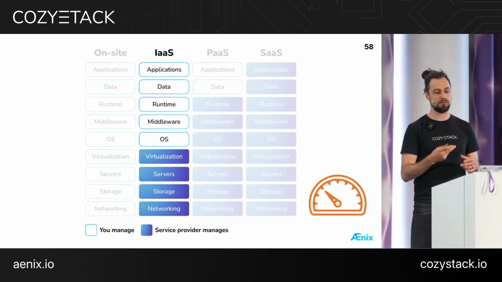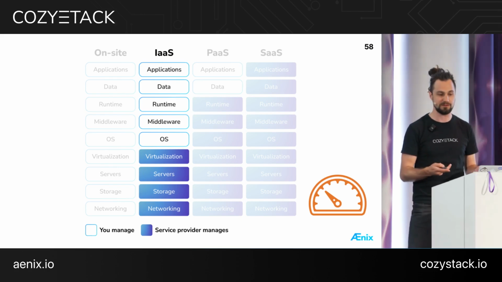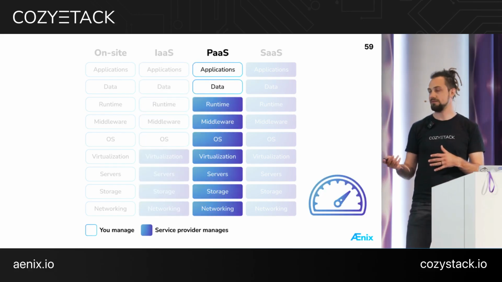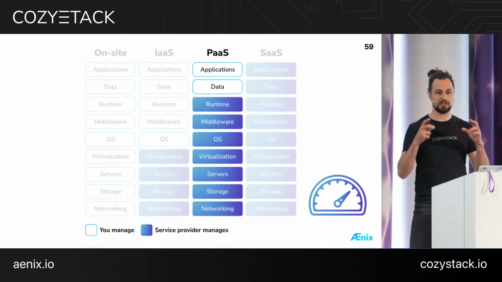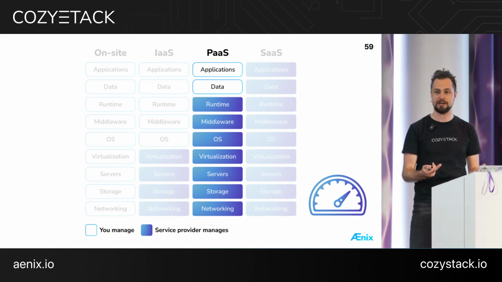But you still have to worry about operating system management and running infrastructure services. PaaS solves that. So you just need to take care of your application deployment, and you can use ready infrastructure services provided as a service.